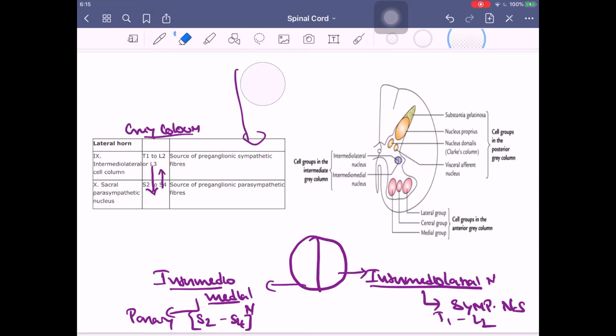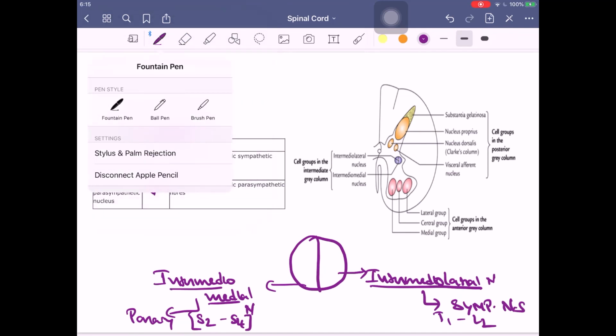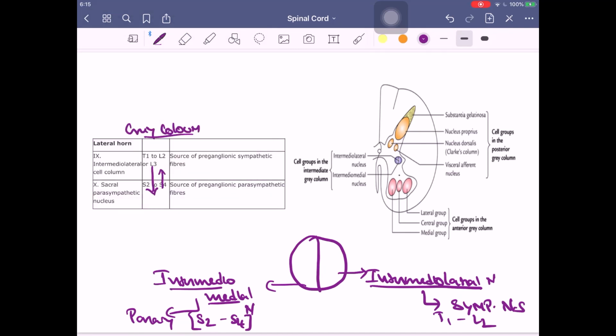But there is a problem with this concept. If you notice in this figure, there are areas where you don't see anything, nothing is given. That would mean this area has no function. So there is a problem with this model.